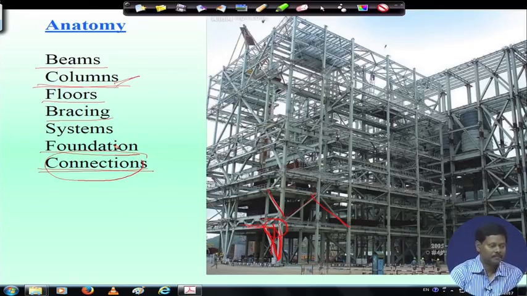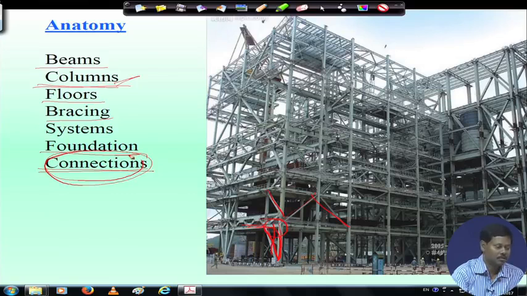And in steel design as a whole, connection plays a very important role. We do not give much importance to the connection, though we have to make detailing.